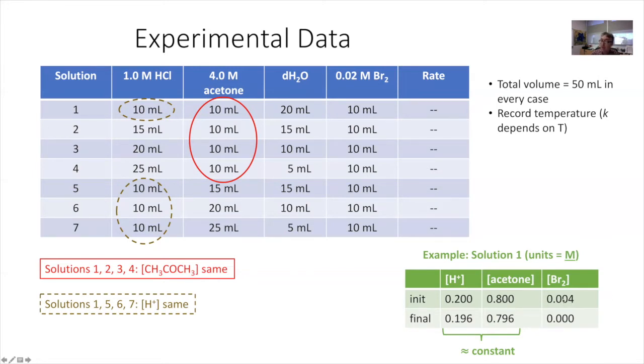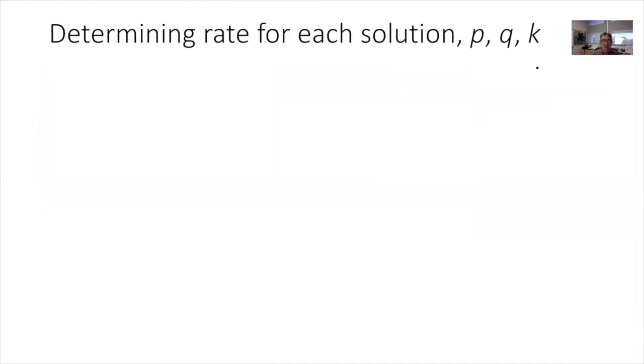So if the bromine gets used up, because the stoichiometry is 1 to 1 to 1, the concentrations of hydrogen ion and acetone hardly change at all, at least in relative terms. So those concentrations are nearly constant. Okay. This allows us to determine the rate for each solution and determine P and Q and K.